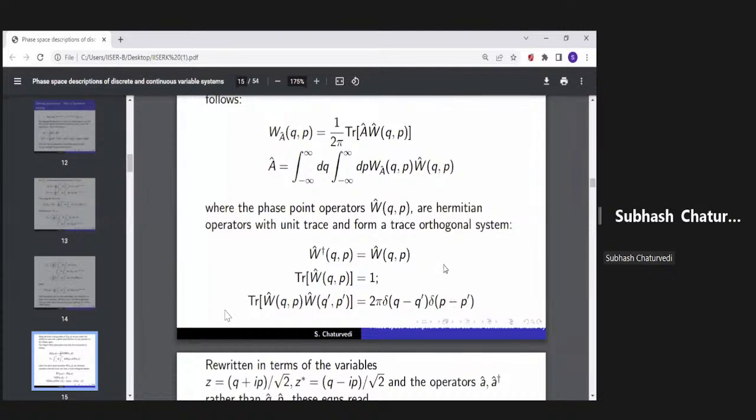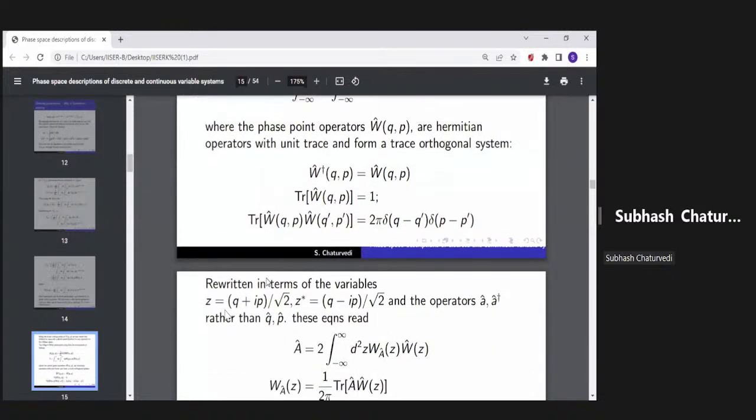The two operators that are going to play a very important role in whatever we do hereafter are the displacement operators, which are unitary operators, and trace orthogonal. The phase point operators, on the other hand, are Hermitian operators, trace one, and these are also trace orthogonal.